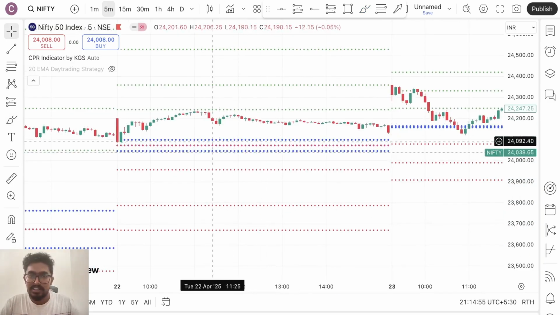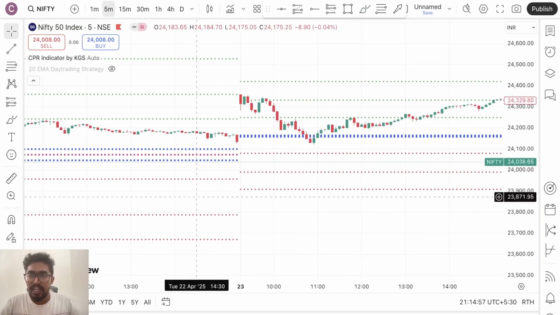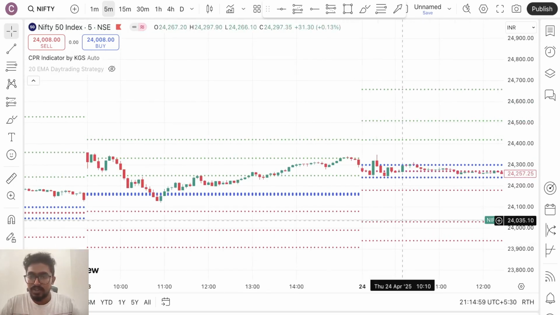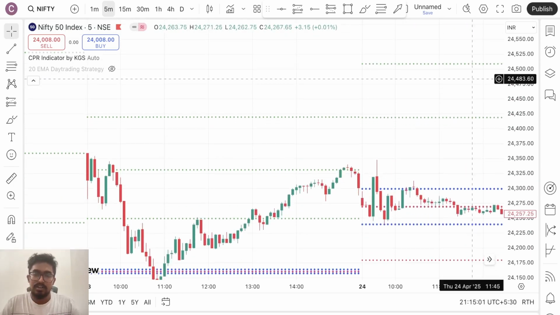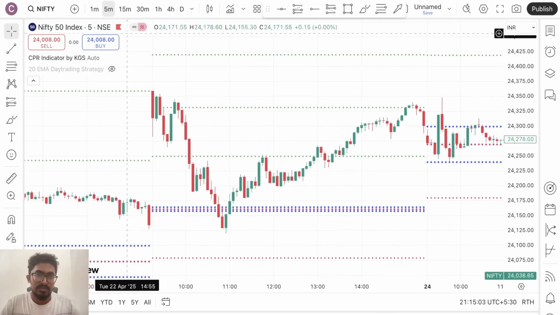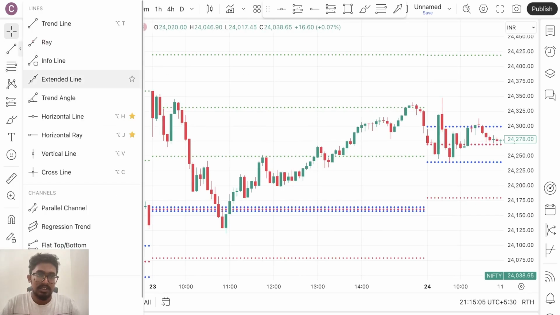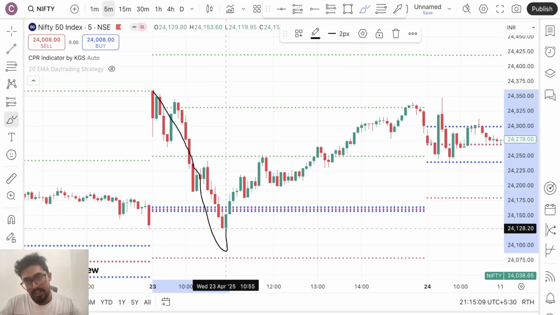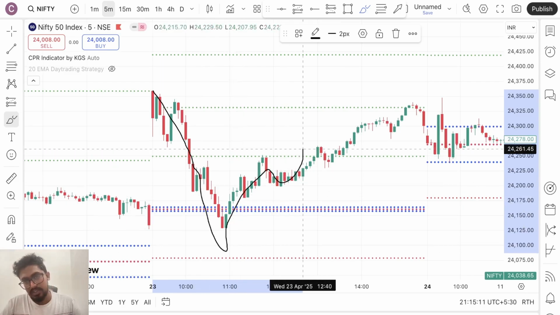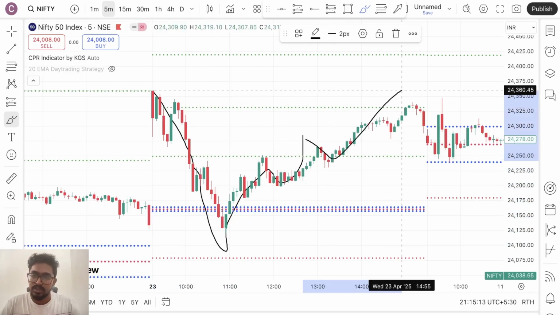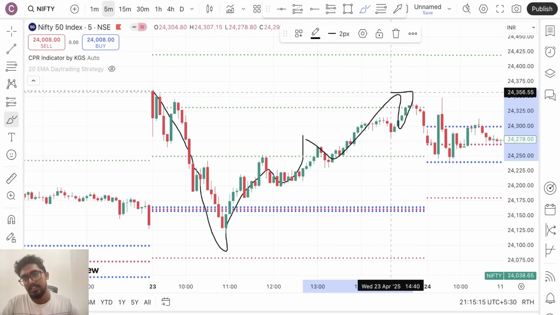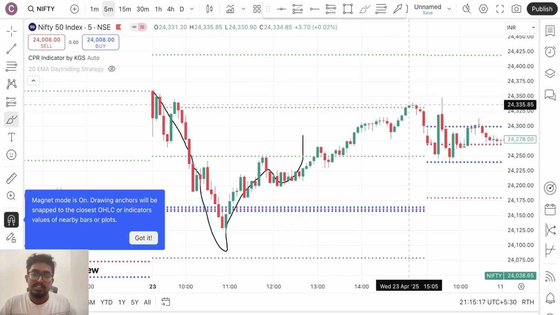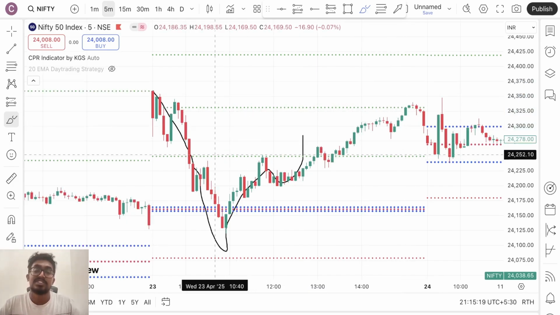When it's wide there is a sideways, and when it's narrow you can see a trending day. For example, here the market came till here, and again it took a support, took a support, and it ends here. So this is the main advantage of CPR.